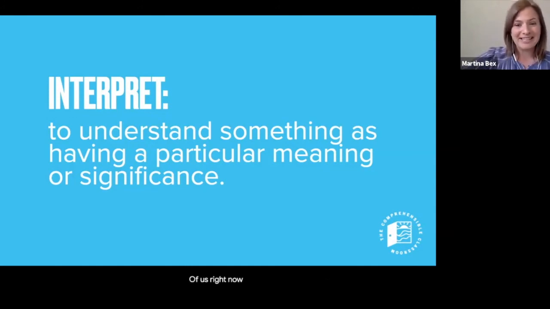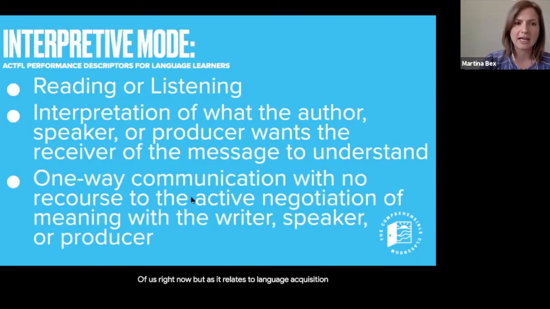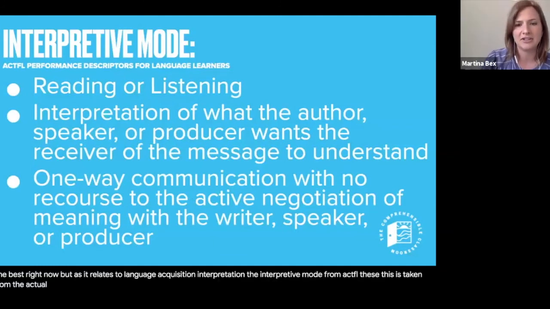But as it relates to language acquisition, the interpretive mode from ACTFL, taken from the ACTFL performance descriptors for language learners, is when learners are engaging in reading or listening. It is interpretation of what the author, speaker, or producer wants the receiver of the message to understand.